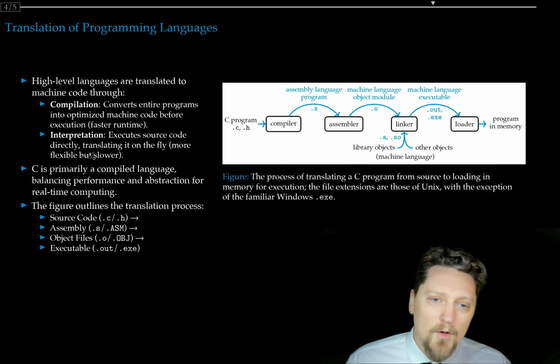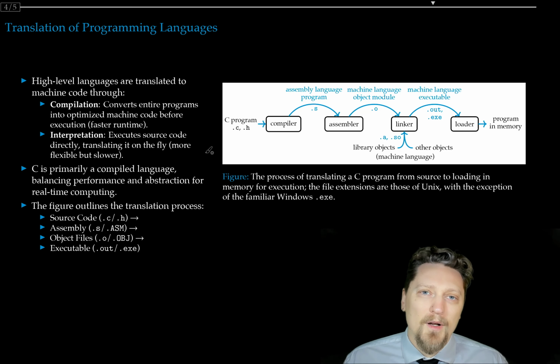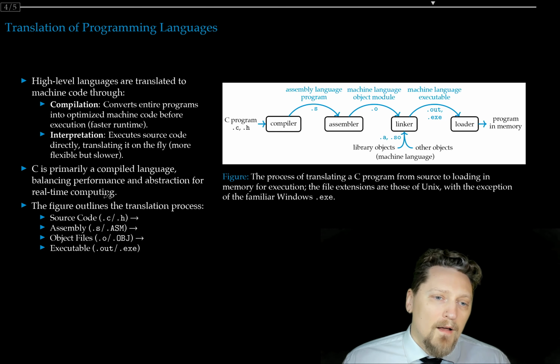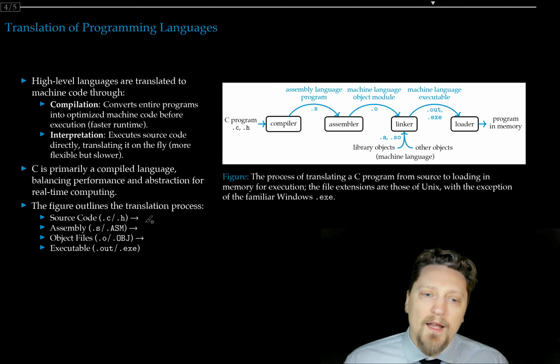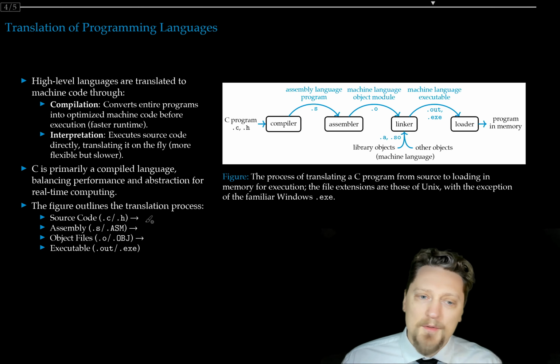It's much more convenient to use interpreted coding techniques, but compilation often is the way to go for real-time computing, embedded computing. C is primarily a compiled language, balancing performance and abstraction for real-time computing.